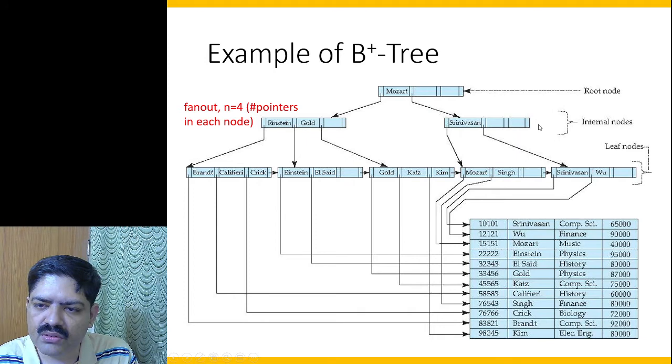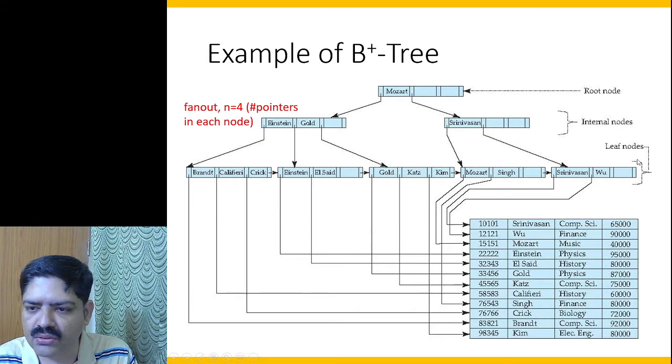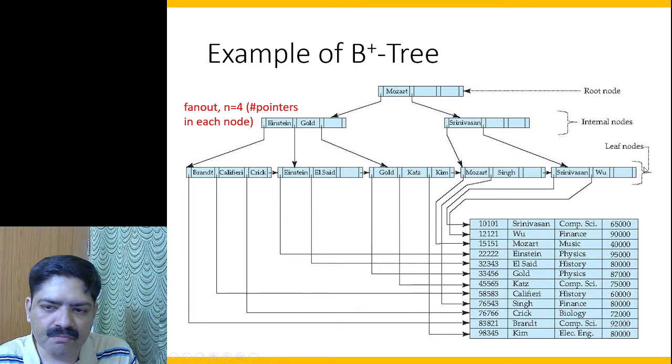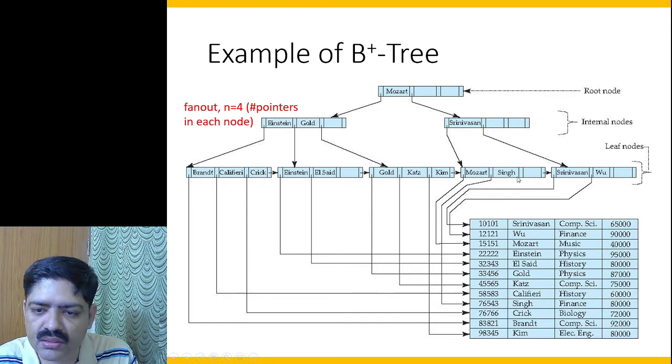We call these nodes internal nodes, this node the root node, and these nodes the leaf nodes. This is standard terminology from the world of trees. And this is how we create an index for a given table. Notice that there is a lot of overhead in terms of space, so we have to have so many extra nodes and so many extra pointers.